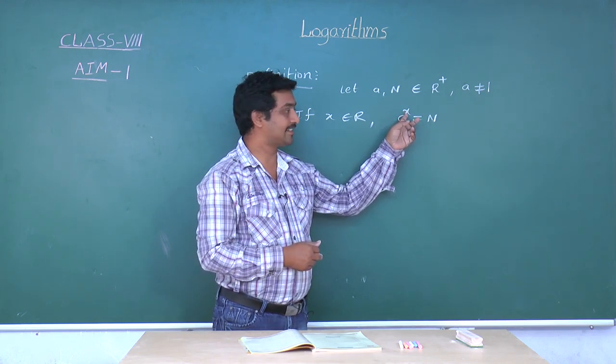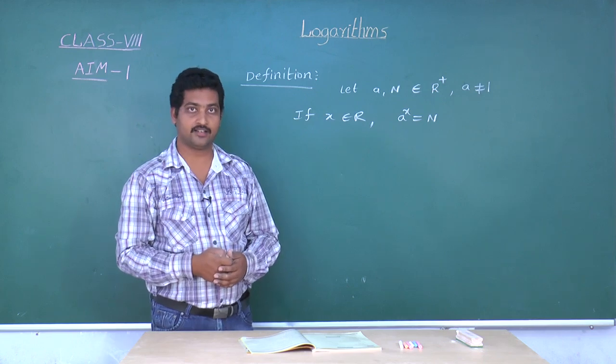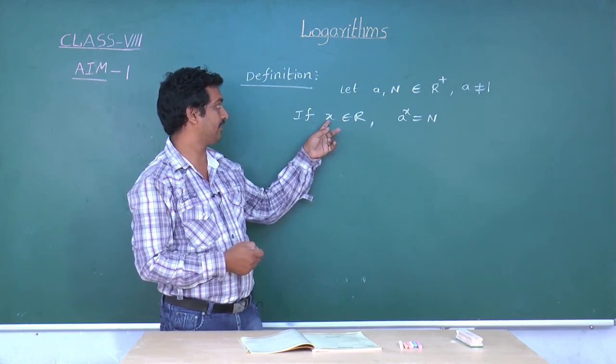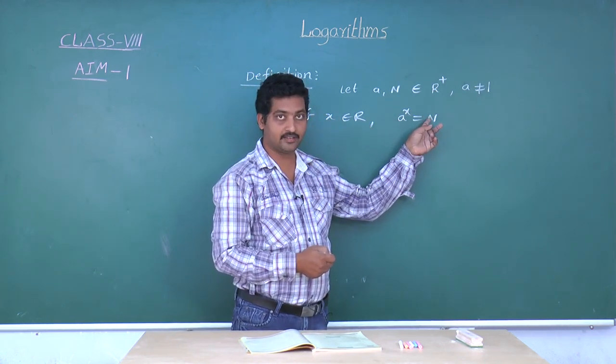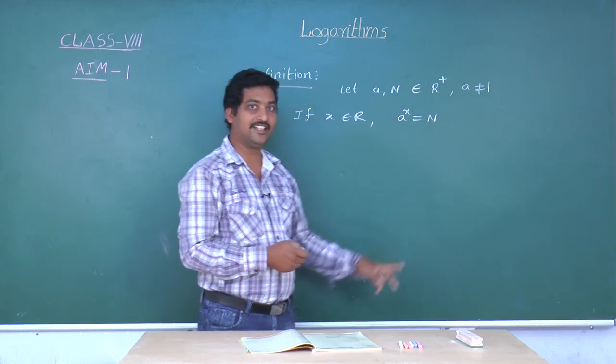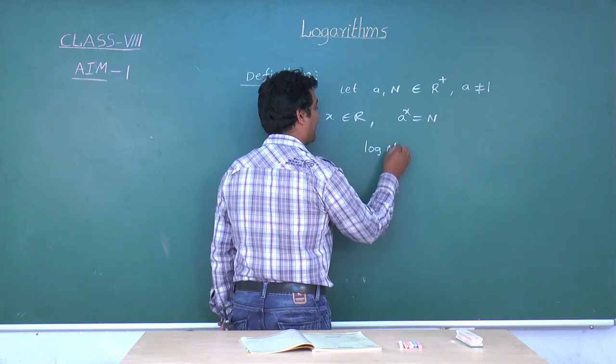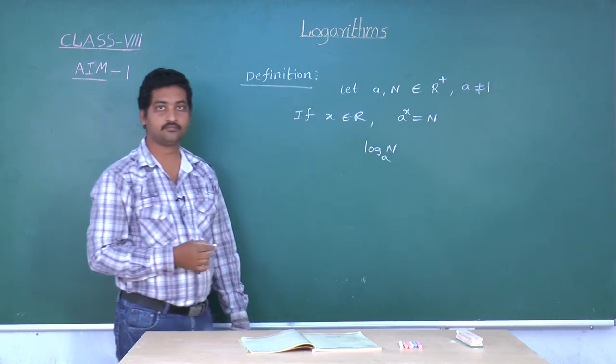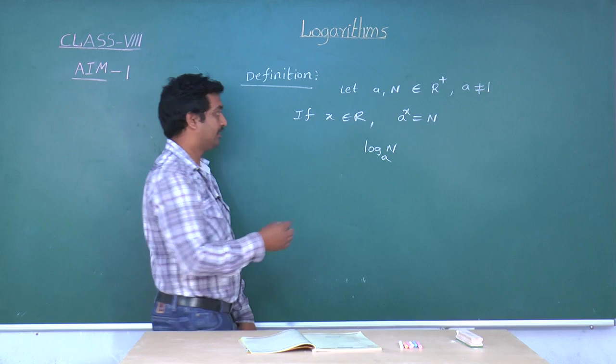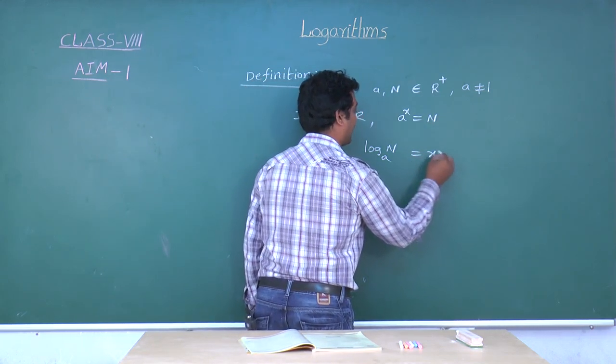How can we say the x? This x is called the logarithm of n to the base a. It is denoted log n to the base a. This is equal to x.